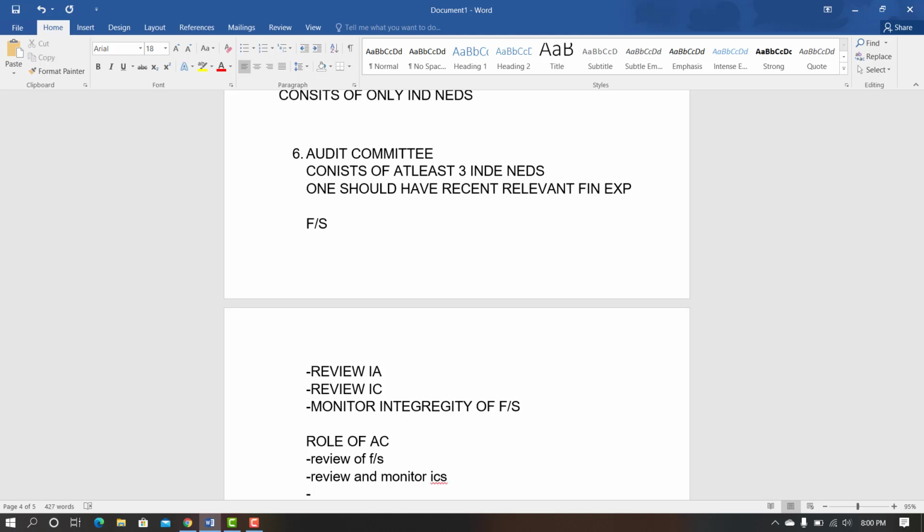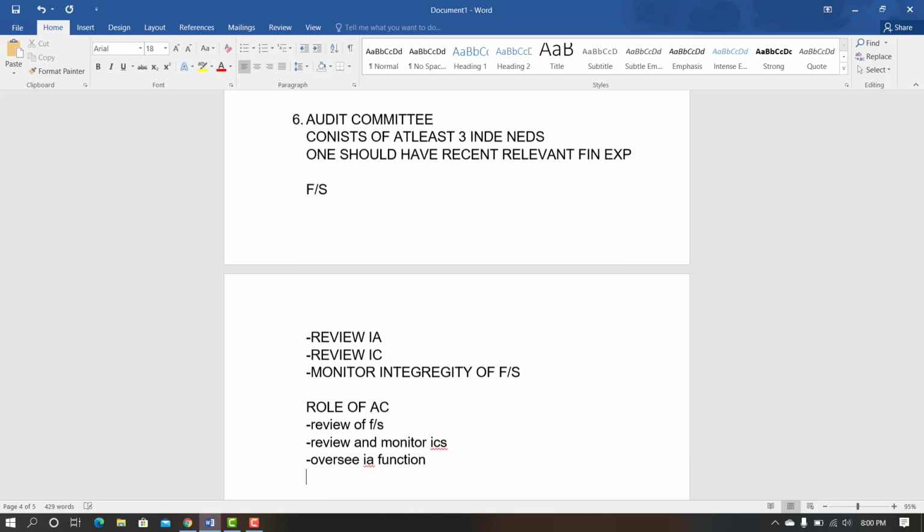Another is oversee the internal audit function. And another is monitor the independence of the external audit.